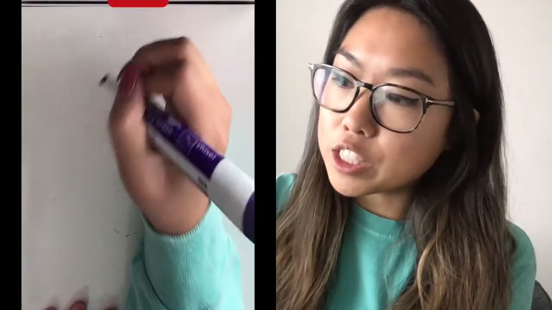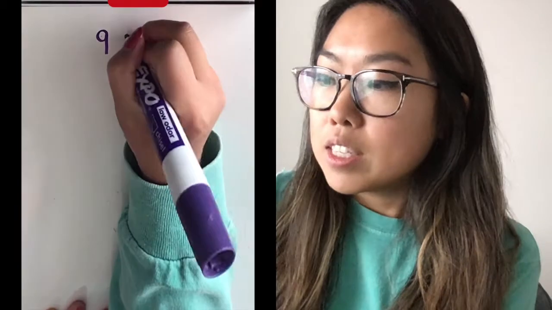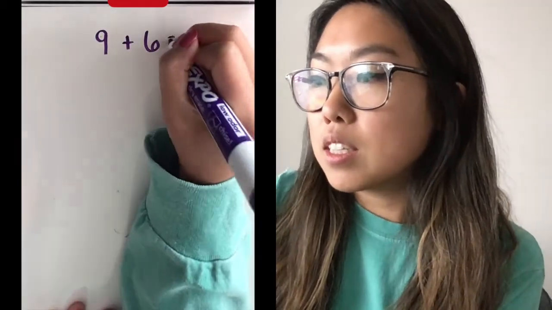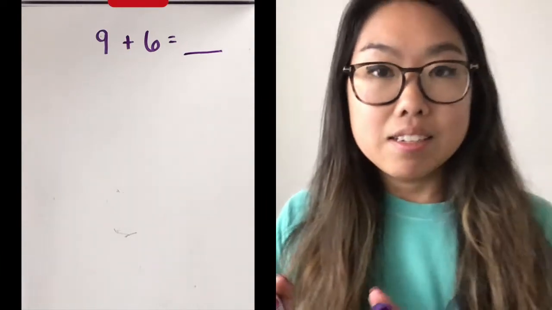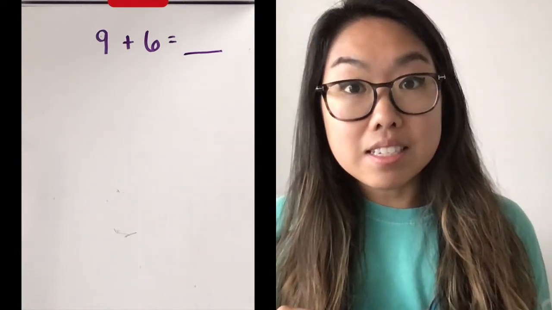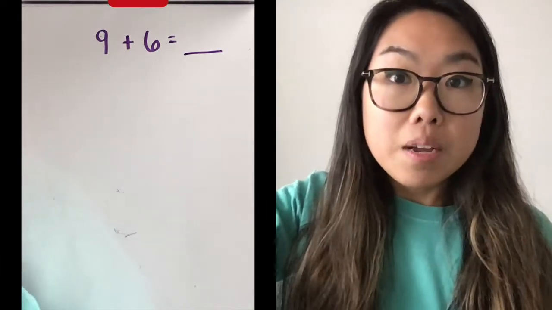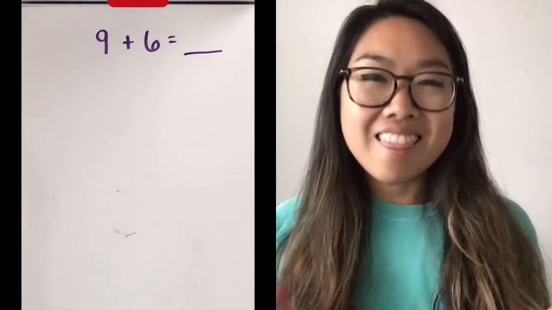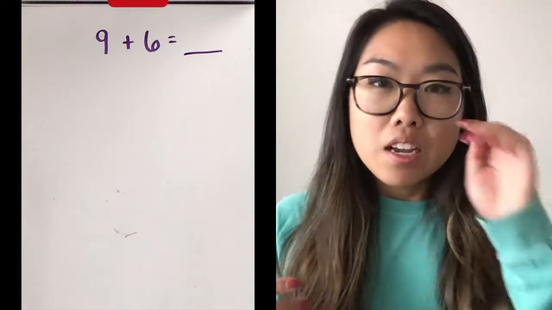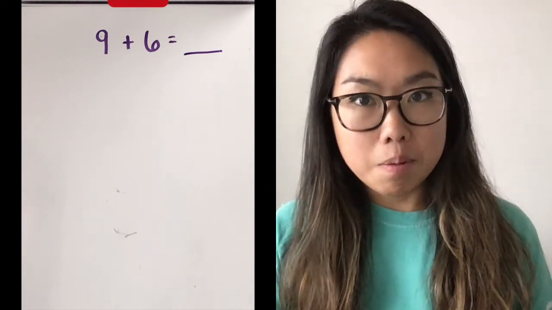We're going to be practicing how we can add up to 20 using our make a 10 strategy. The first equation we're going to solve is 9 plus 6 equals blank. You can see 9 is one of our add-ins and 6 is another of our add-ins. First I'm going to show you what it looks like when we use our tools, and then I'll show you what it looks like when we use our numbers and pictures to help us.